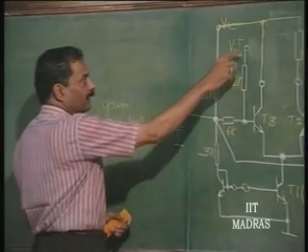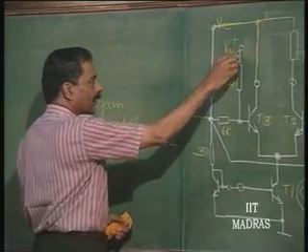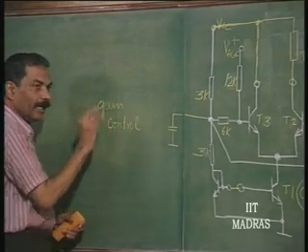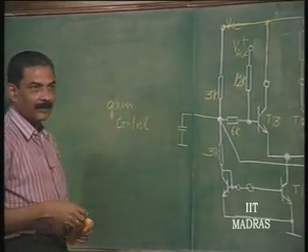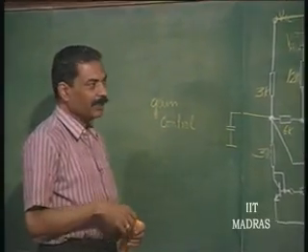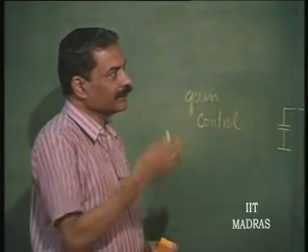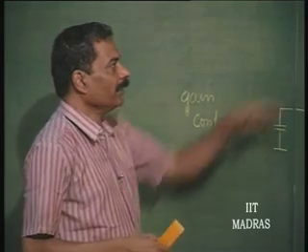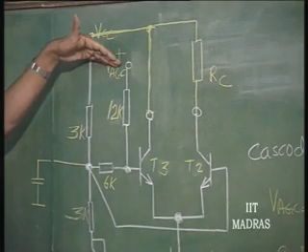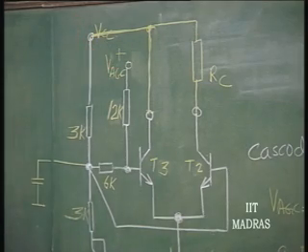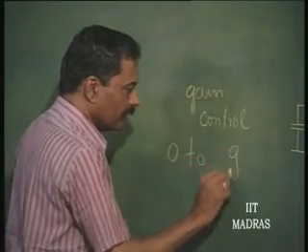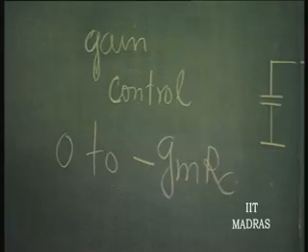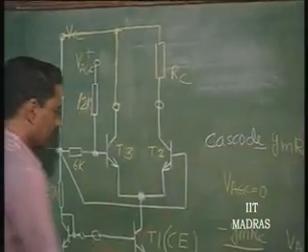So, that is why it is called VAGC, gain control. GC, A means automatic. If this is permitted to be done automatically, we will see why such a thing is needed later, then it is called VAGC. But by applying an independent DC, we can see the gain is varied from 0 to minus gm into RC, right.